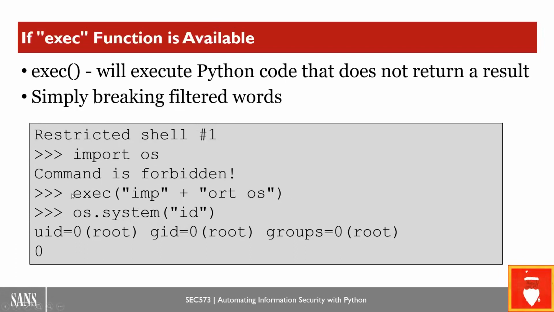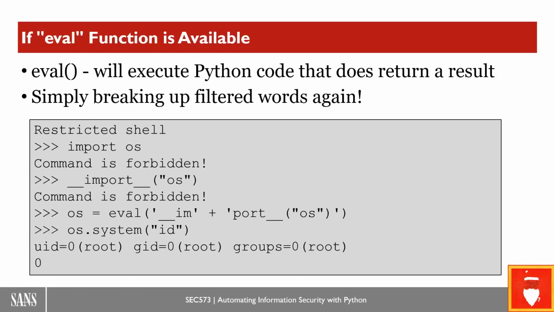So then when I exec that string, it imports the os module, and now I can run os.system and run the id function there. Now exec, you'll see, takes a straight string of Python code and it'll execute it. It expects that this string is going to be a series of Python keywords and not a call to a function that exists in Python.